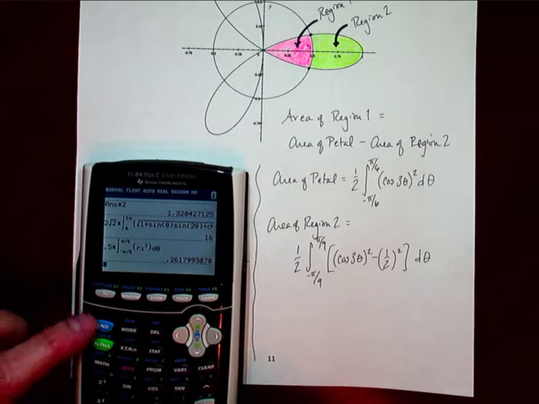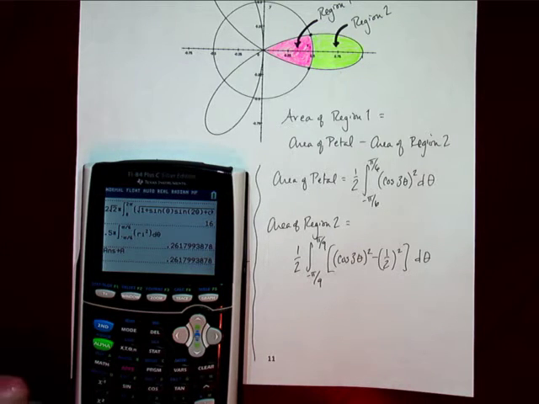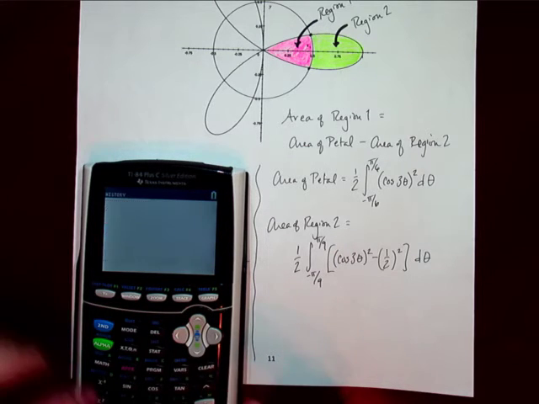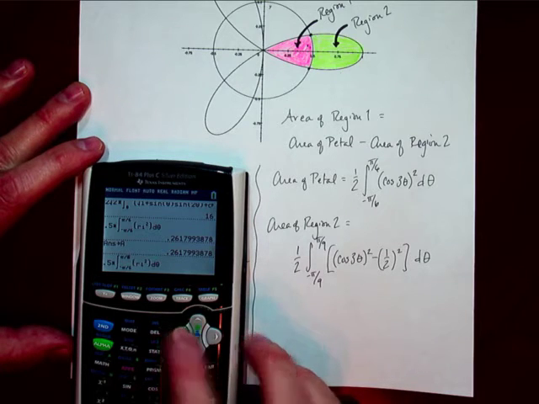Okay, let's go ahead and store that so we don't have to go grab it later. And then actually, if we just go up and grab this one, we can alter it to be the same as this. So we'll alter the limits of integration.